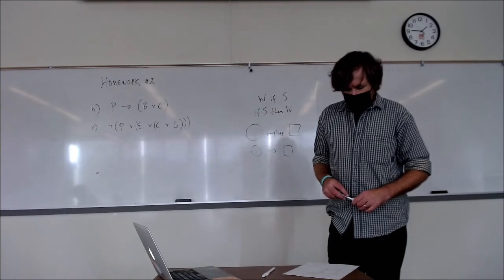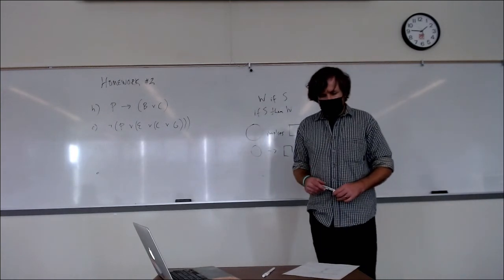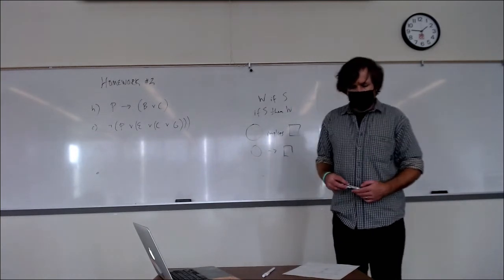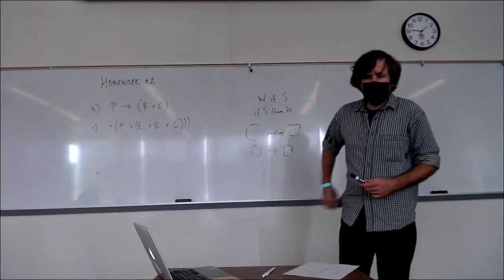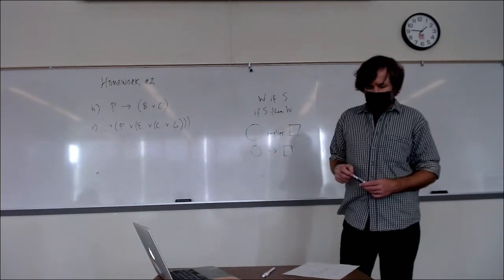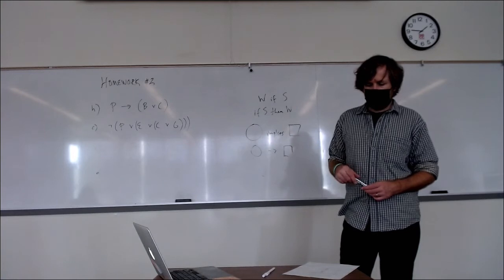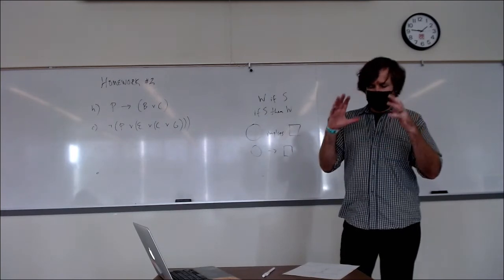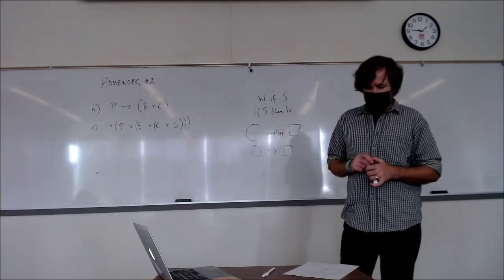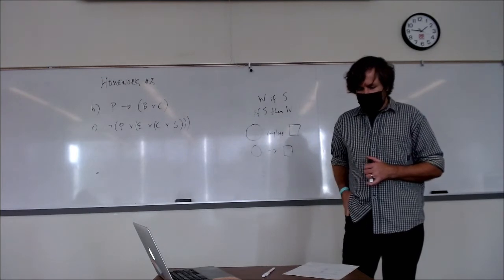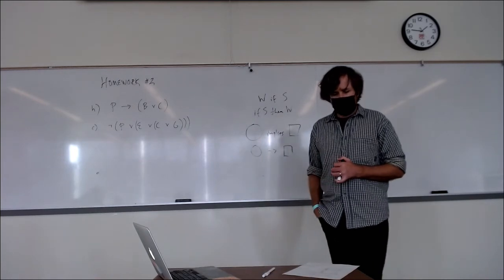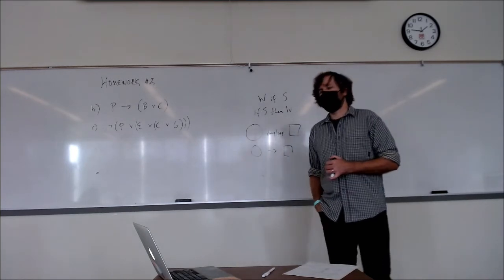But in order to use MP on lines 1 and 3, you have to use double negation to get rid of those two tildes outside of F, to turn it into F. Then you get a proper use of MP. Remember, you need circle, arrow, square, and you need circle as it is. Then you'll get not G. And once you have not G, you can combine that with line 2 and get the answer not E.